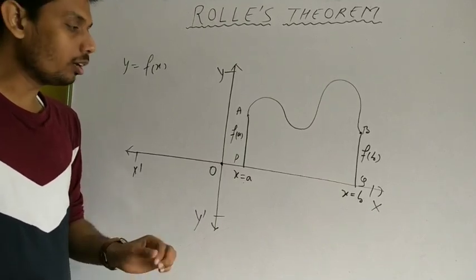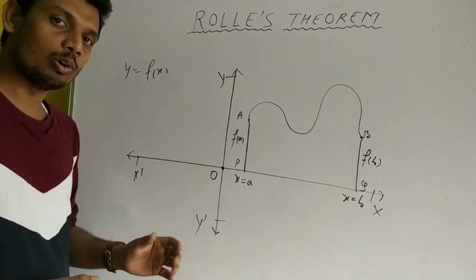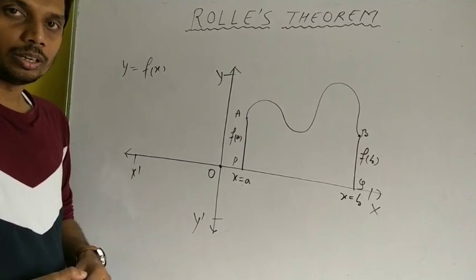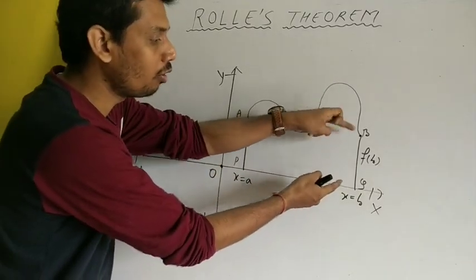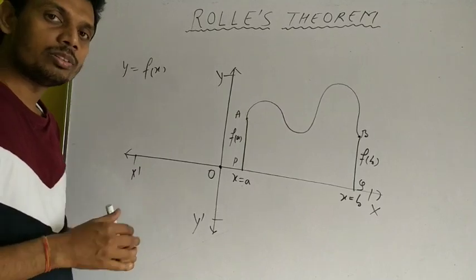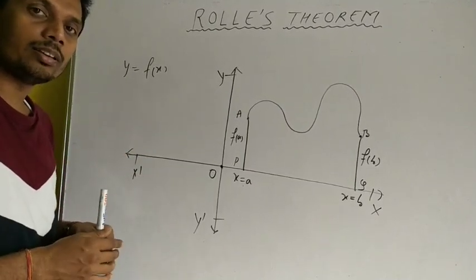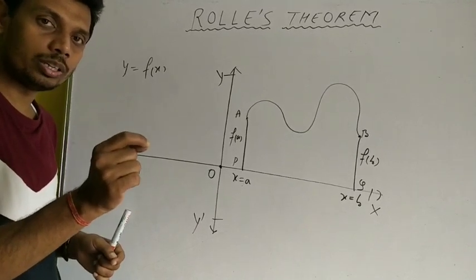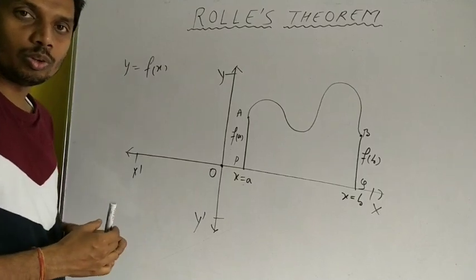This is a continuous curve in the closed interval [a, b], and at the same time it is differentiable in the open interval (a, b), in such a manner that f(a) and f(b) are equal to each other. Then this theorem states that if these three conditions hold, there exists at least one value c such that f'(c) is equal to 0.